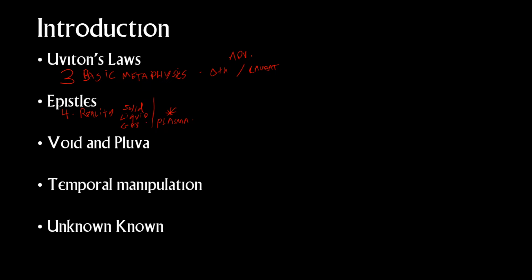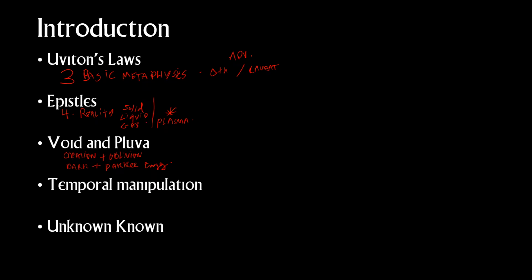Next, we'll be looking at the interaction between the void and Pluva, and how those two interact to create reality. And so that's your creation and oblivion examination, as well as where dark matter and the concept of dark energy, dark and darker still energy, fit in.